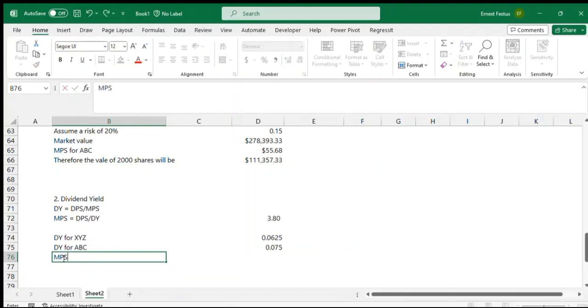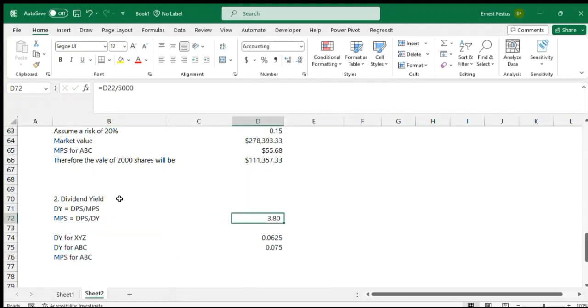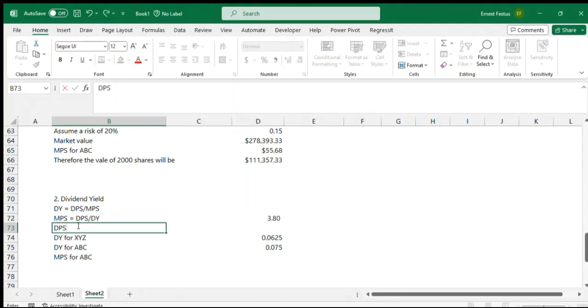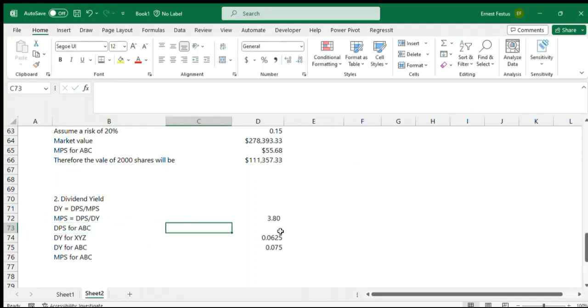Therefore our MPS, which we have stated as the DPS over DY, for the MPS for ABC, this is actually our DPS for ABC, and that is equal to this.